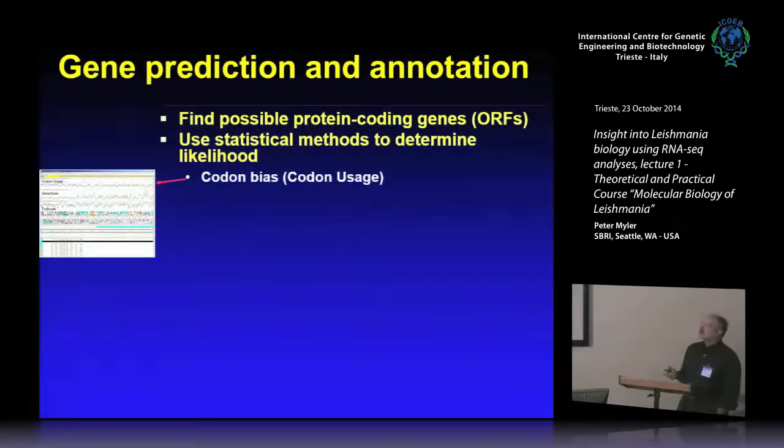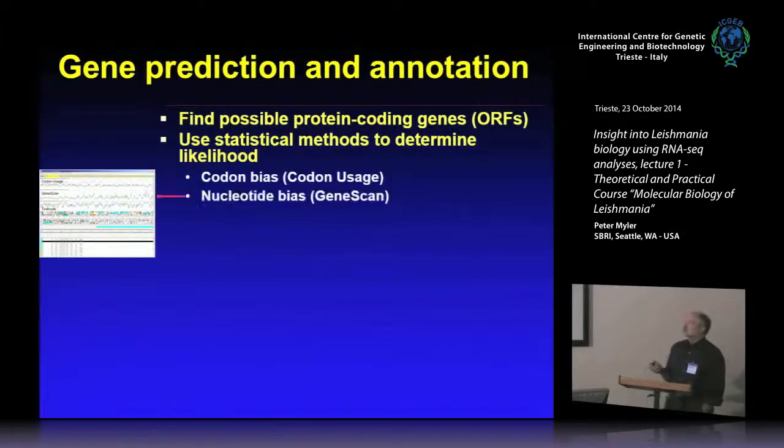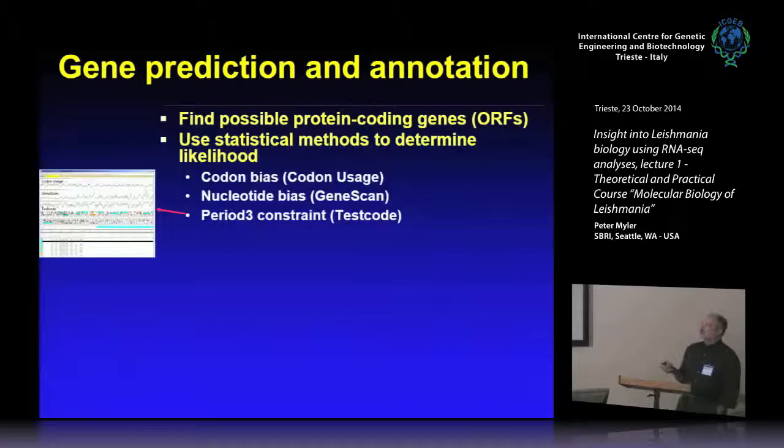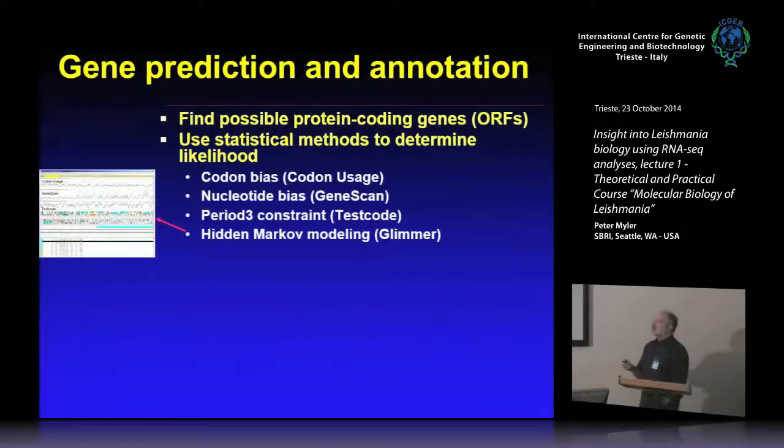And so I like to use about 4 different approaches. You can use a codon bias. You can use a nucleotide bias with a program called GeneScan. You can use the period 3 constraint using a very old piece of software called testcode. And then we used to use Glimmer, which is a hidden Markov model. And there are a couple of other newer techniques that have been available, mostly in the Markov modeling.